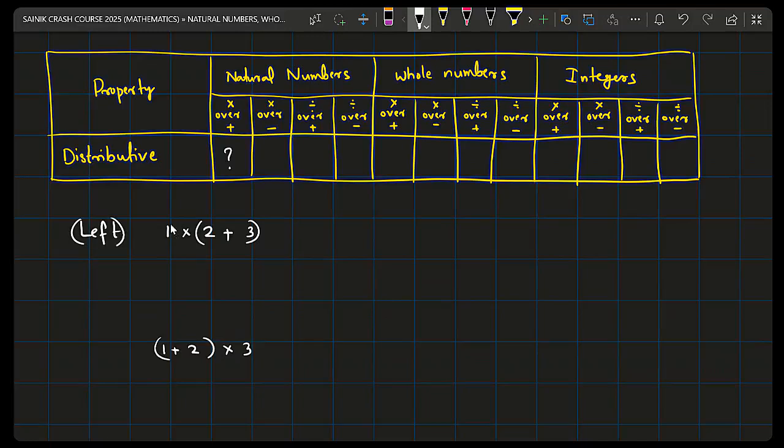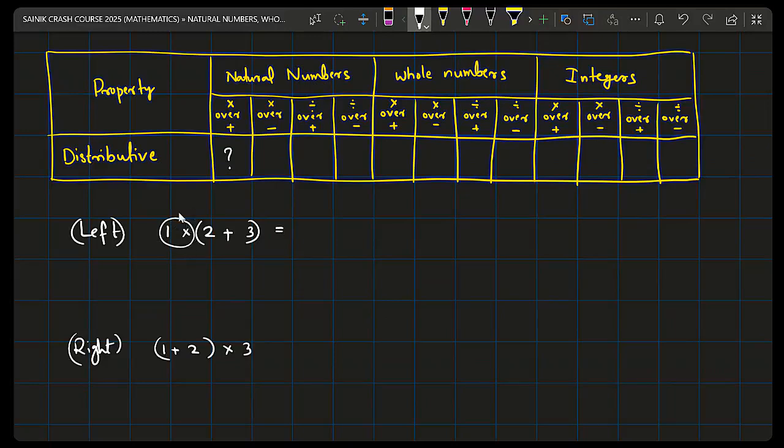Why? Because the single term is there on the left. And this is called right distributive property. Why? Because the single term is there on the right. If the lone term is on the left, it is called left distributive property. On the right, it is called right distributive property. So let us check this distributive property.